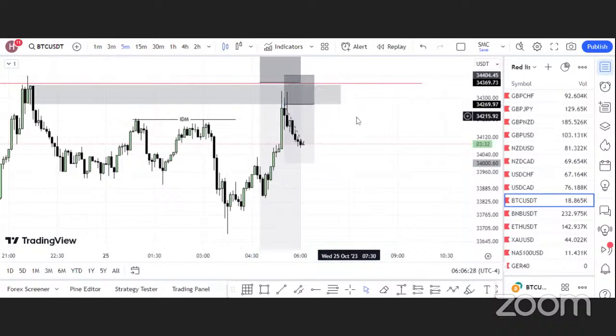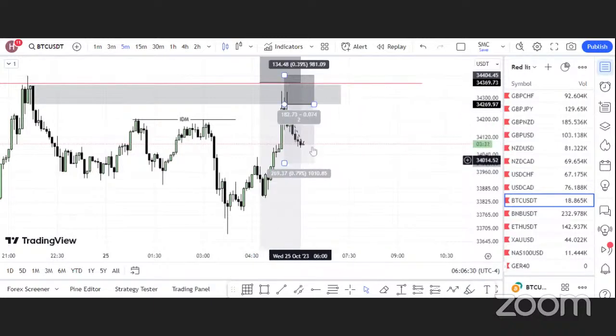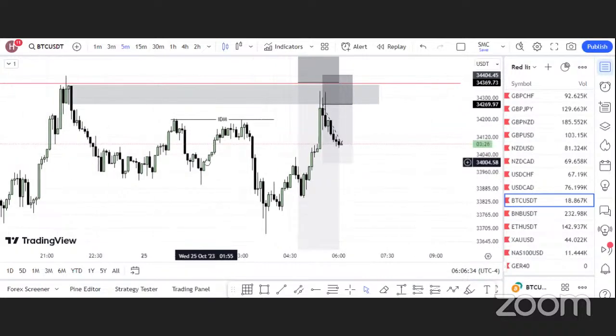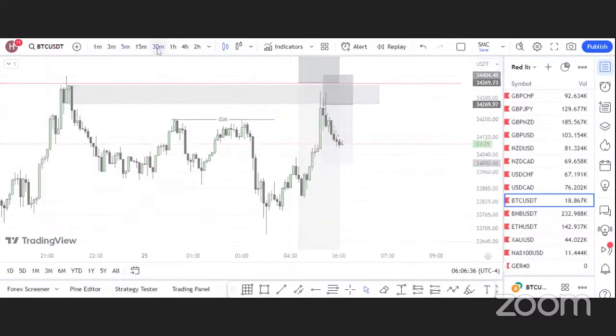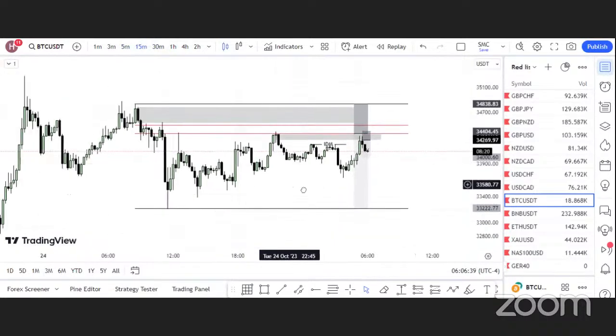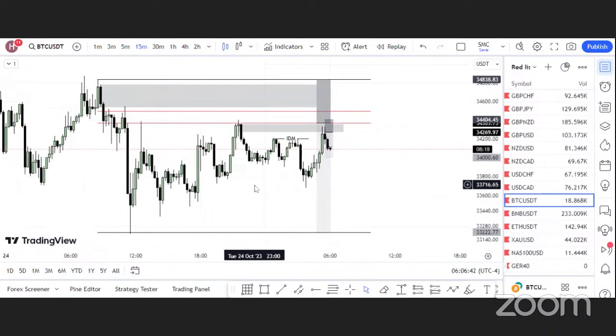So you see, this market would have gone our way. But since we didn't get this earlier, the market has already moved from where we can take our entry.